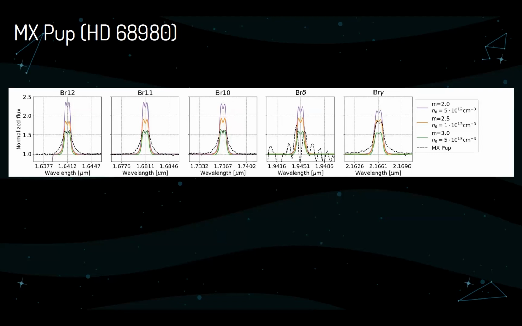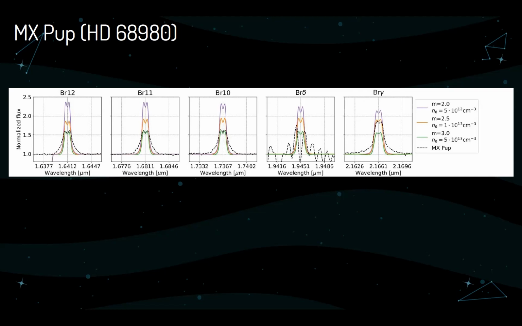This part is very noisy, but for these three, which are the part closer to the star, the Brackett gamma, it looks like the more probable is this envelope parameter, the M3 and the central density 5, the 10 to 13. But there is a better fit for Brackett gamma with another parameter.